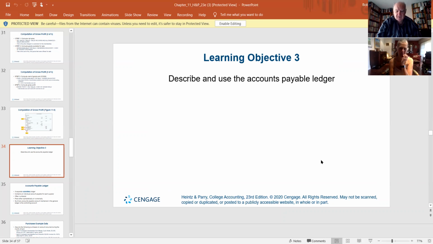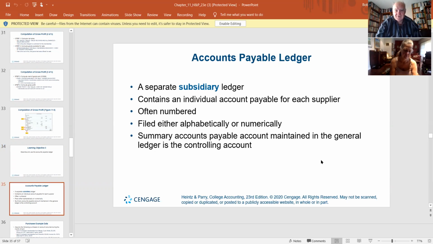Just like in the general ledger, you have a folder for cash, a folder for accounts receivable, etc. In the accounts payable ledger, you have a folder for each vendor and what you owe them, okay? So it's a separate subsidiary ledger. The general ledger is called the control ledger.